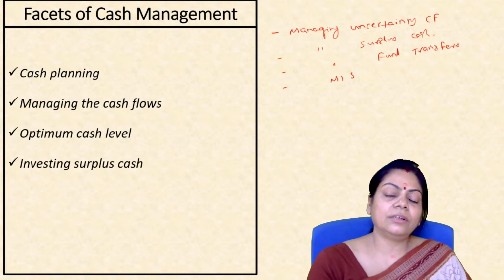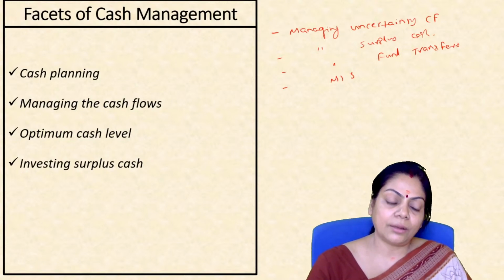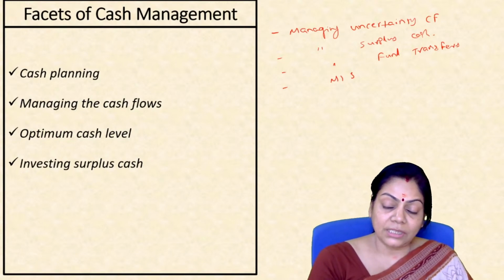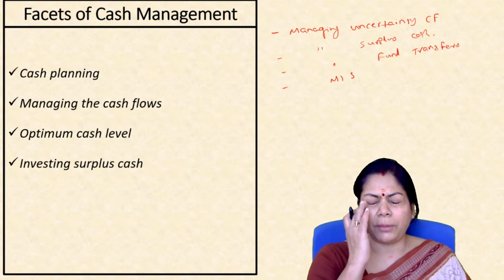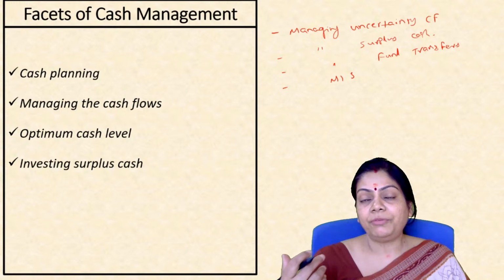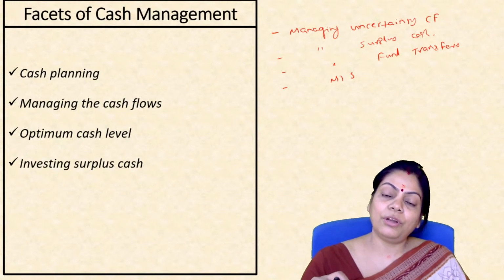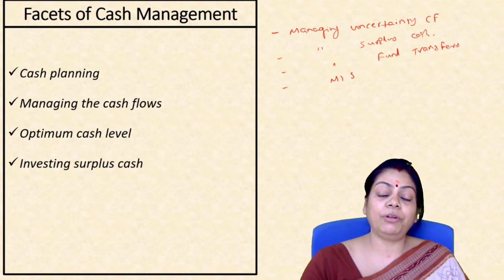One of the methods is scenario analysis, simulation, all these things. But that is the reason you must be able to correlate that in the beginning, when we talked about it, there is a transaction motive of holding cash, there is a precautionary motive of holding cash, and there is a speculative motive of holding cash.